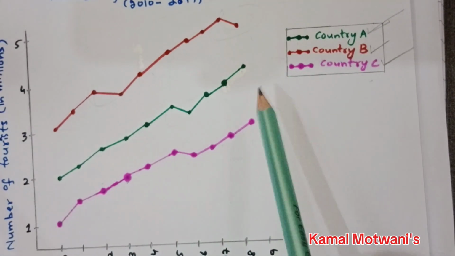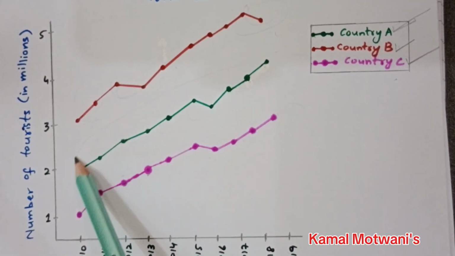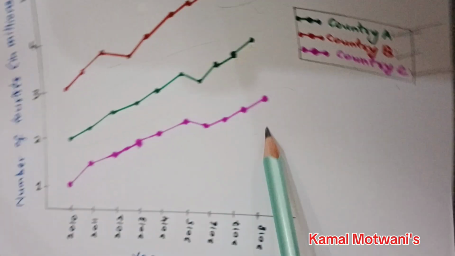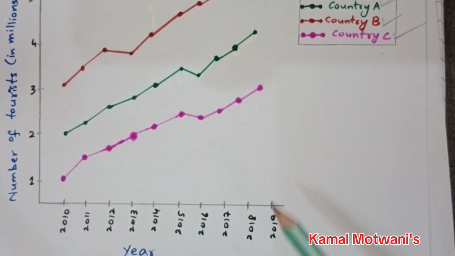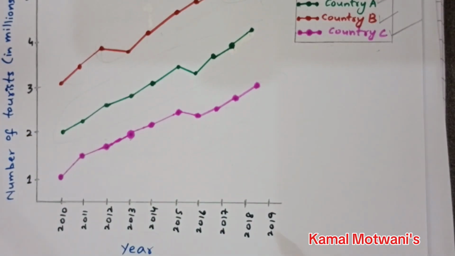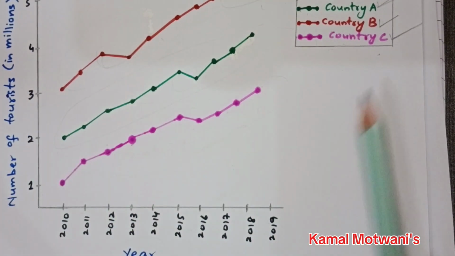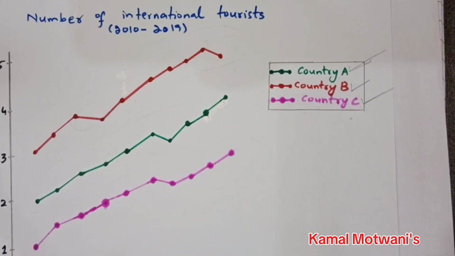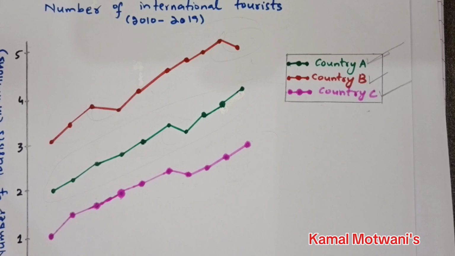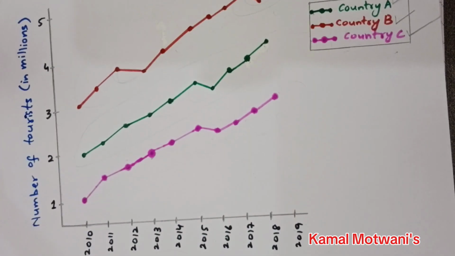This whole information regarding its x-axis and y-axis, that is the years and the number of tourists, we will write in the third paragraph, country A. Let's see how I have written this information in paragraph format.